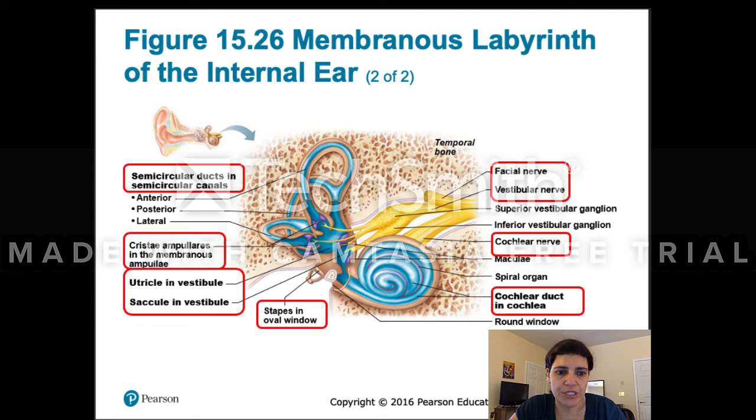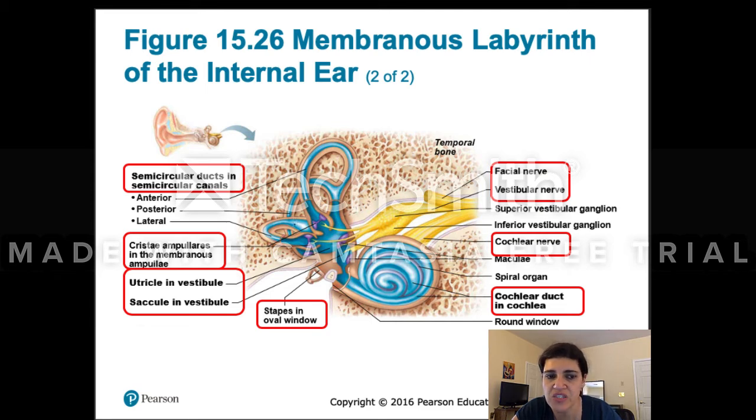What is important for us to know about the semicircular canals? There is a structure inside the semicircular canal that is called crista ampullaris.